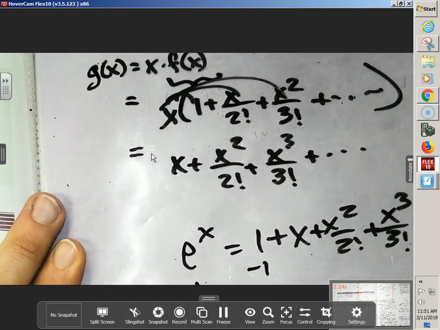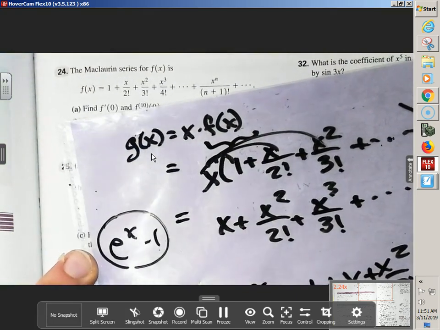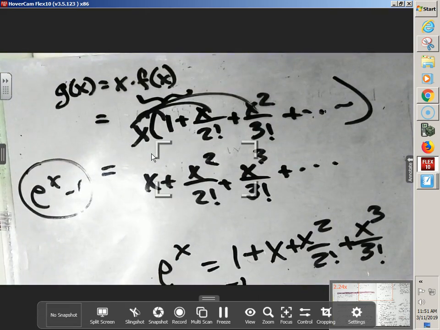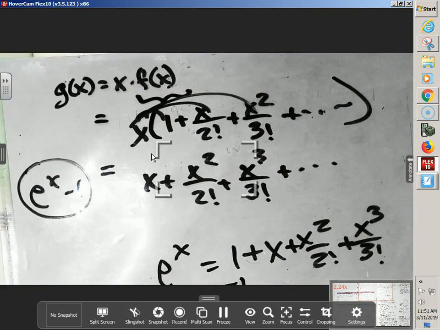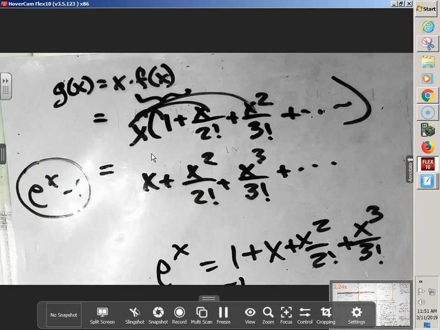Oh, this is e to the x minus 1. Right? Literally, it's knowing your special Maclaurins, not for the center at a, but knowing the special Maclaurins and playing with them. But you can't play with them if you don't know them, which is why I had to challenge you all this weekend. Out of love and grace.